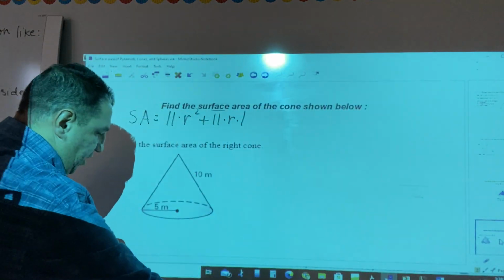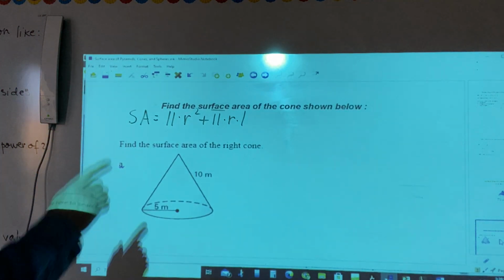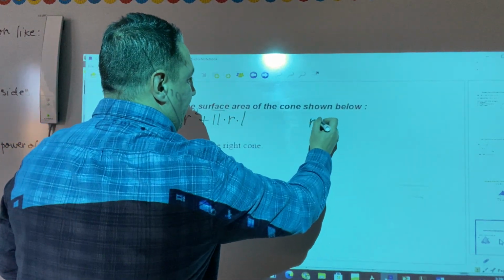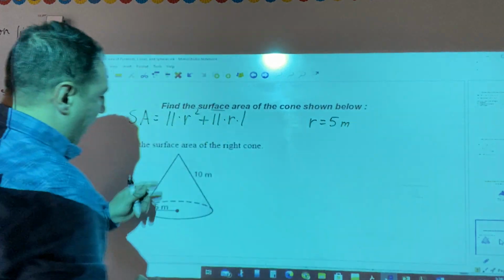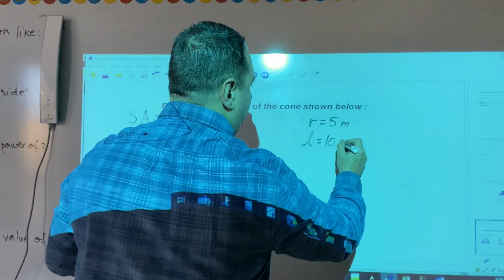Okay? So, find the surface area of a right cone. We use this formula. So, we know r, the radius, which is 5 meters, and l, the slant height, is 10. Right?